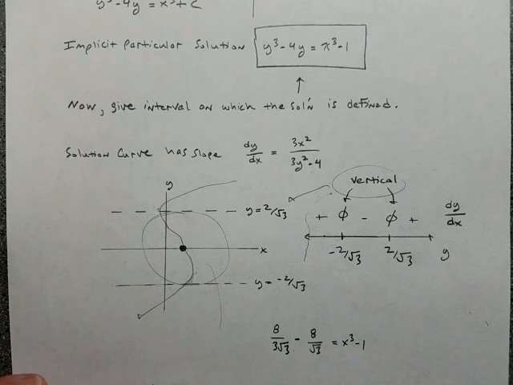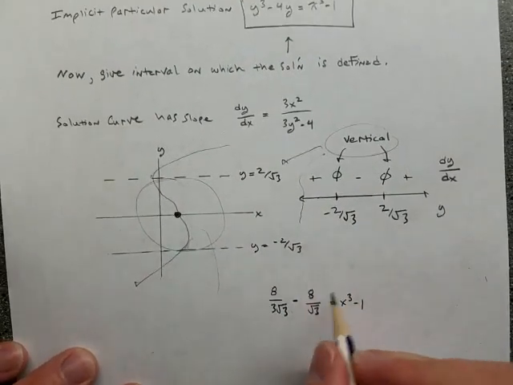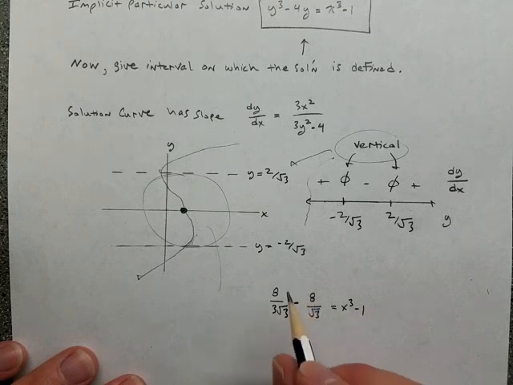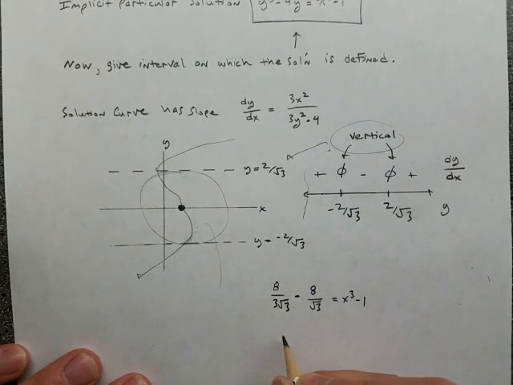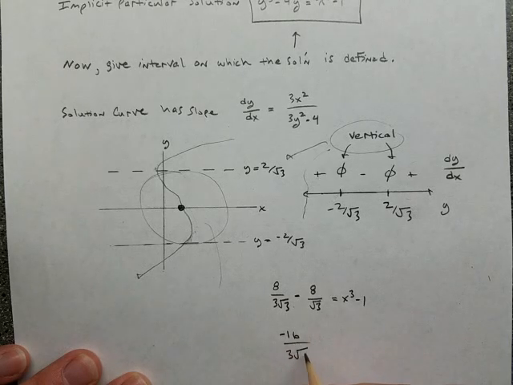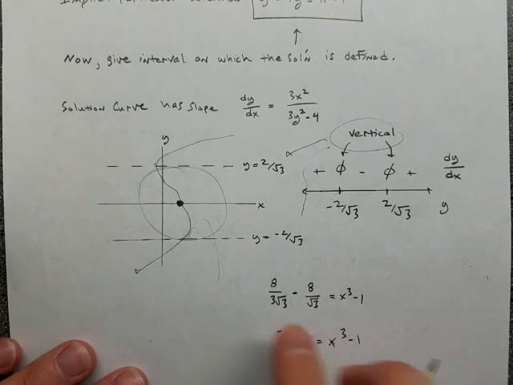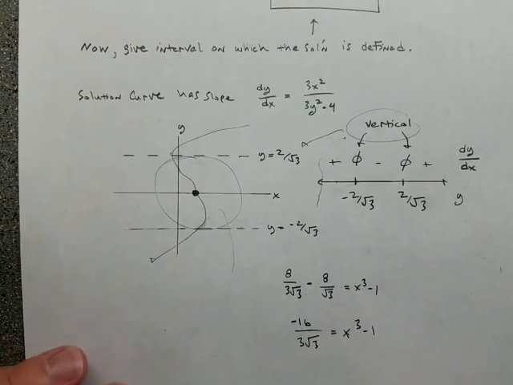So that's allowing me to find what that number is. Okay, all right. So do a little math here to figure that out. So that's going to be a 24. So minus 16 over 3 root 3 is x to the third power minus 1. And I want to tell you the x, so I add 1.